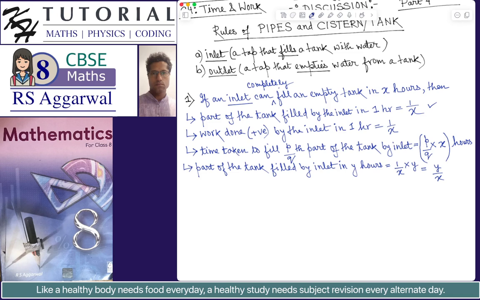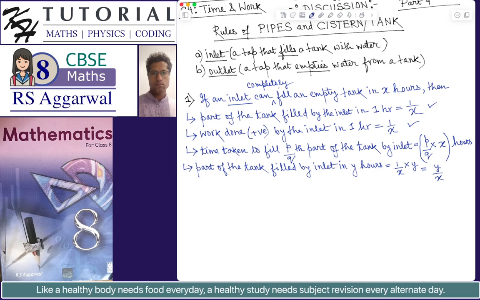So since an inlet tap fills the tank with water, it is doing positive work. So an inlet tap always does positive work, and the work done by an inlet tap in 1 hour will be 1 by x, and this is positive work.